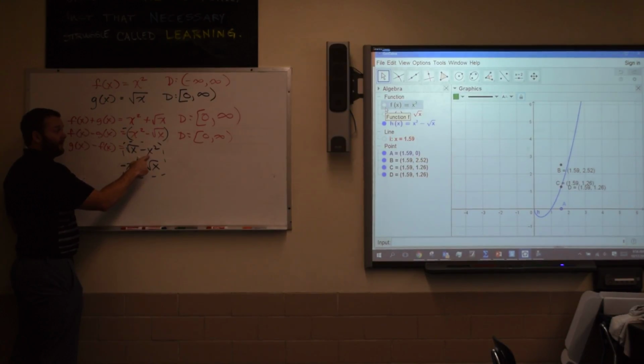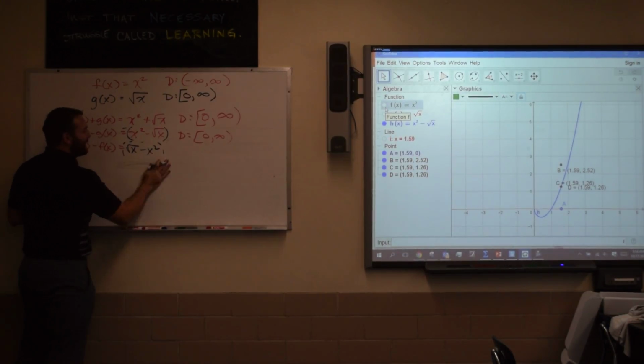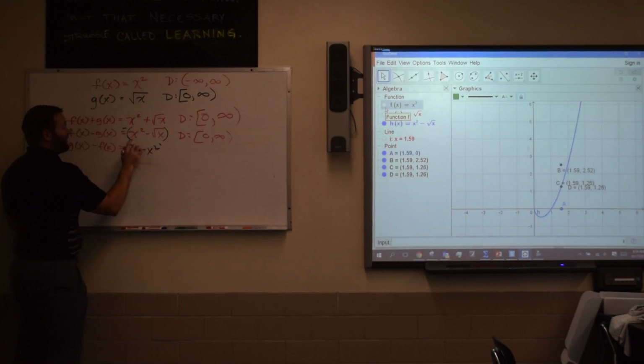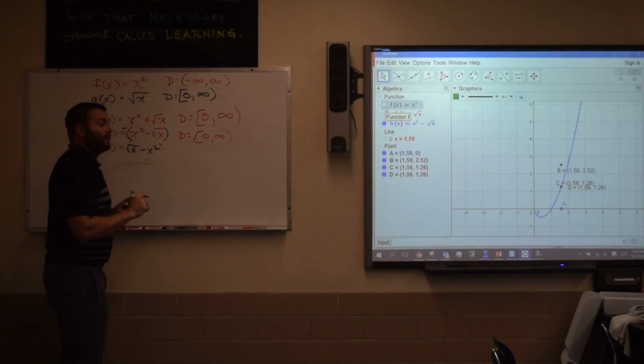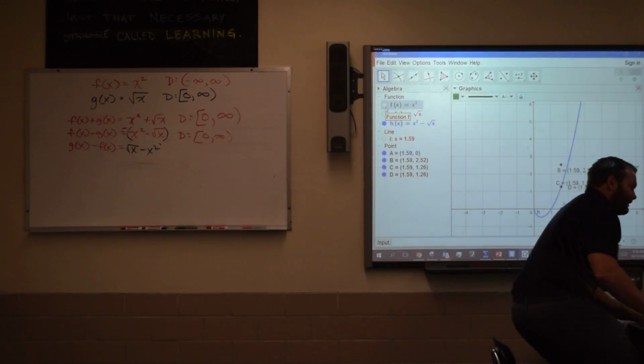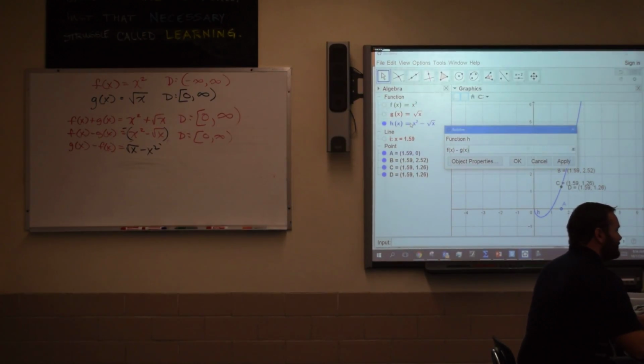Those are the same. And so I can say that I can actually develop this thing here by simply multiplying this one by a negative, right? But when I multiply the whole thing by a negative, transformation-wise, what's that do? Reflected over what axis? X-axis.